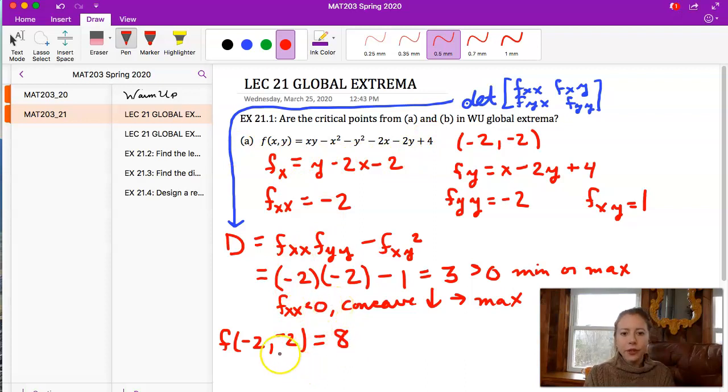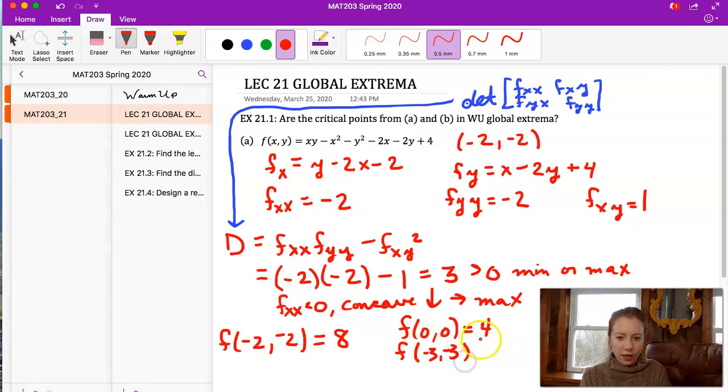Now let's try to figure out what the outputs of points around minus 2 and minus 2 are, just to see what we think, some trial and error. If we plugged in 0, 0, we end up with 4. If we plugged in minus 3 and minus 3, we end up with 7.